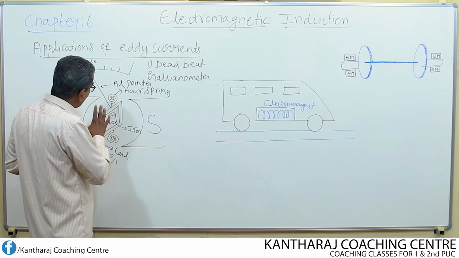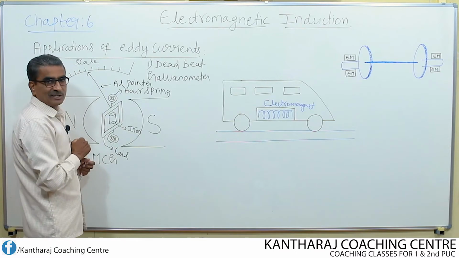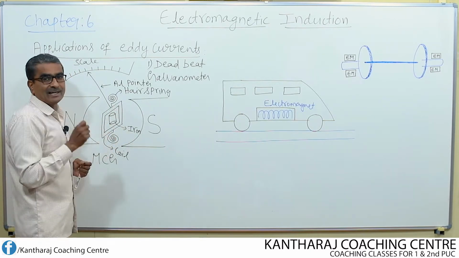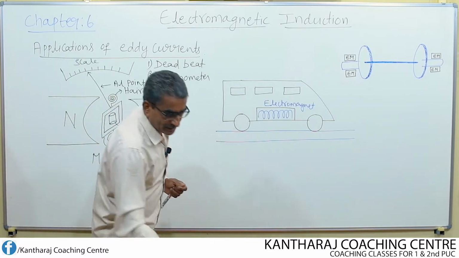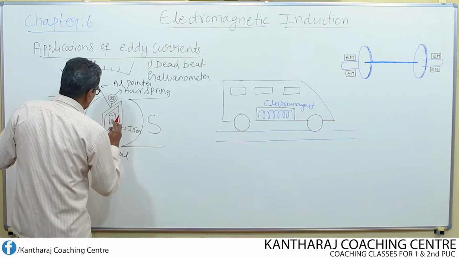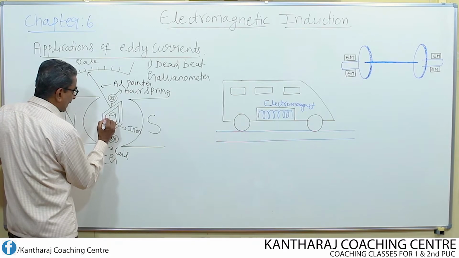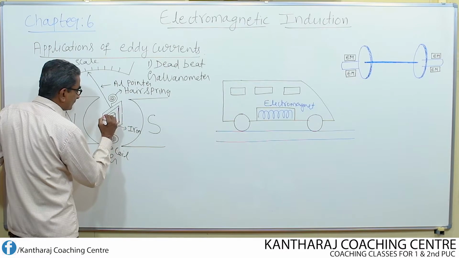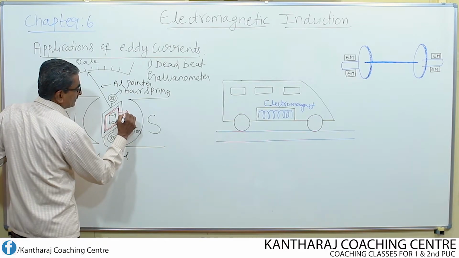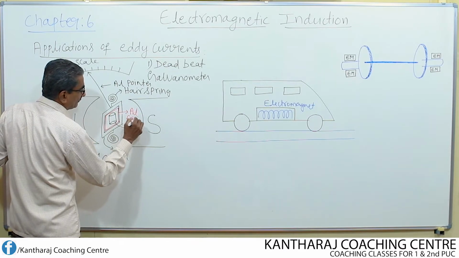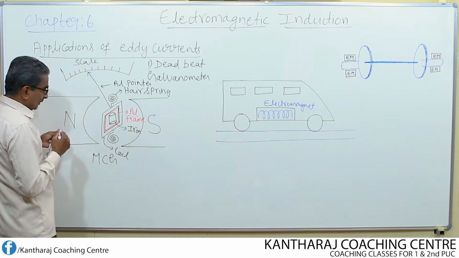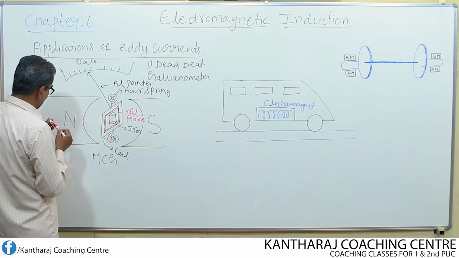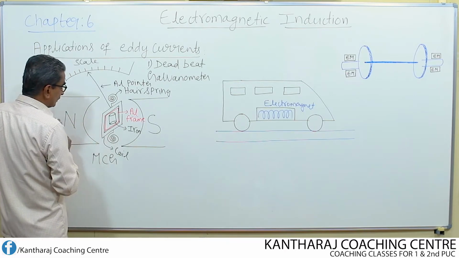So to avoid this oscillation, we wind the copper coil over an aluminum frame. Say for example, the copper coil is wound over an aluminum frame like this. So this is the aluminum frame. Then the coil oscillates in the magnetic field whose direction is from north pole to south pole.